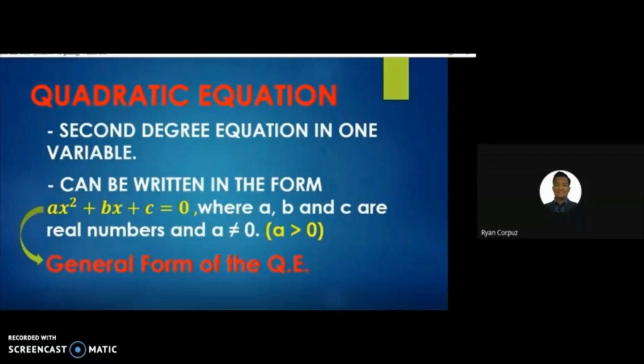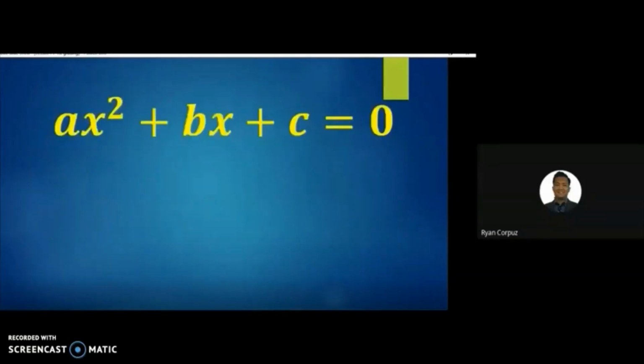So as I was saying, the given equation ax squared plus bx plus c is equal to 0 is the general form of the quadratic equation. Now, in that general form, the first term is what we call the quadratic term.